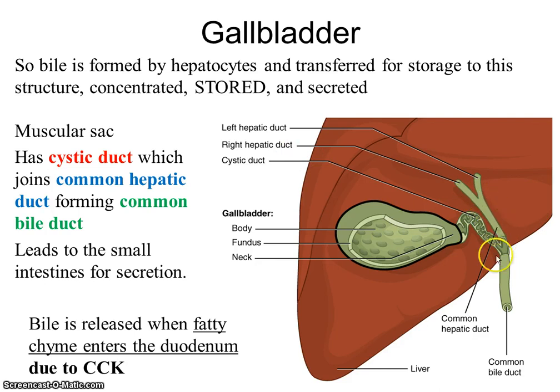And there'd be a common hepatic duct that then would move bile into the cystic duct and store it in the gallbladder. Right? And then the gallbladder is going to release that bile when there is a signal for it.